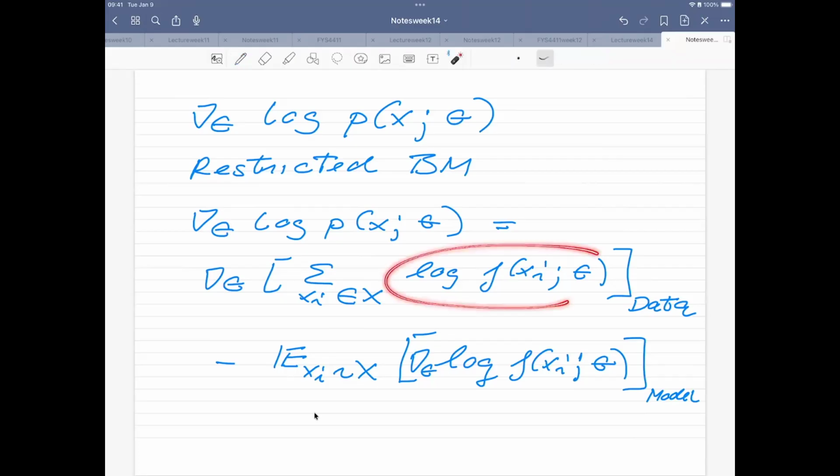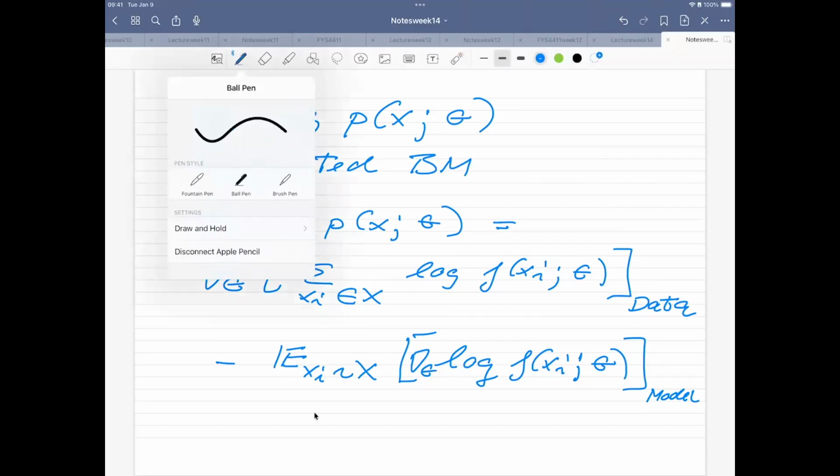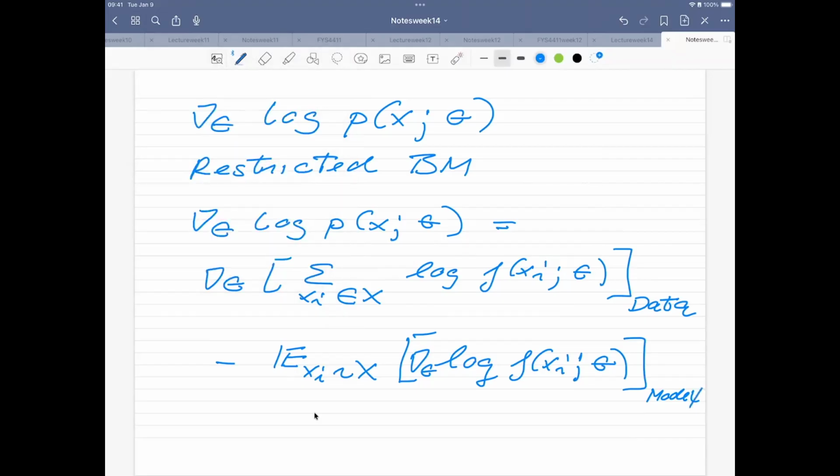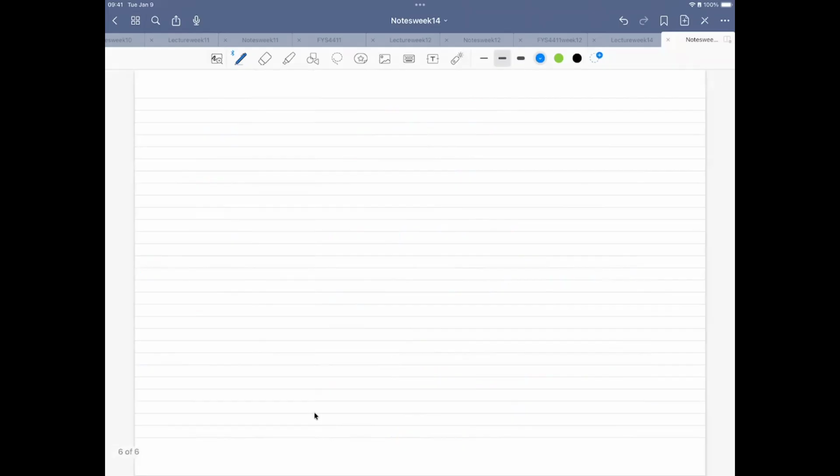It's still model dependent, but this part here is actually a reconstructed model, or reconstructed probability, because these x of i's are now given by this probability which we want to define, x of i as a function of theta. And that term which you see there is actually the result of a Gibbs sampling procedure.